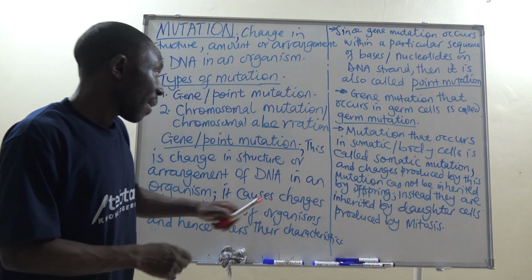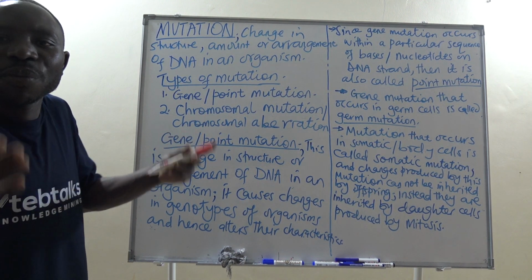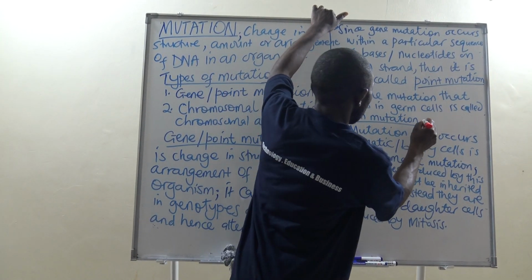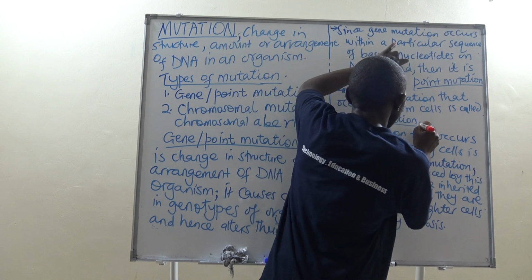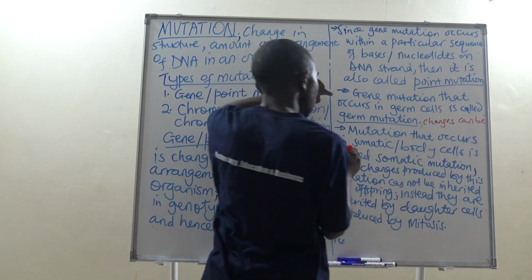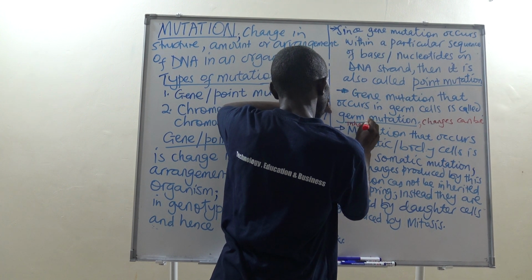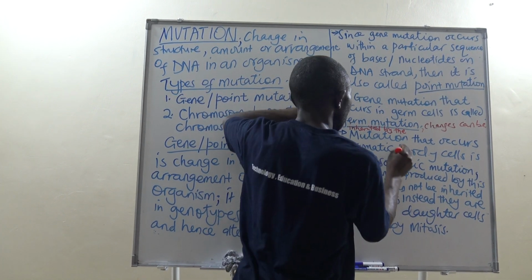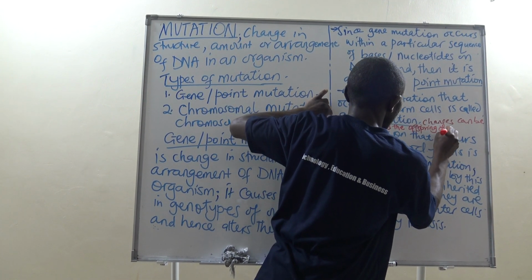Whereas the changes which are produced by germ mutations can be inherited by the offspring during sexual reproduction.